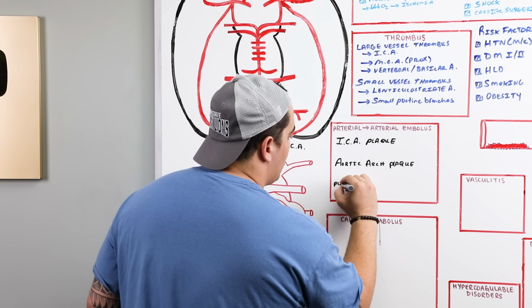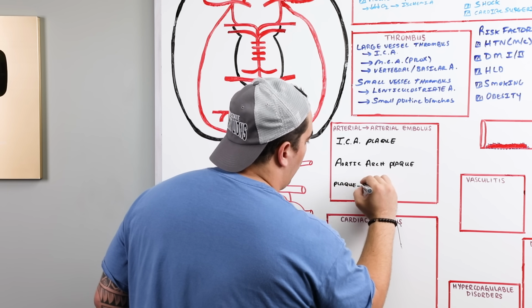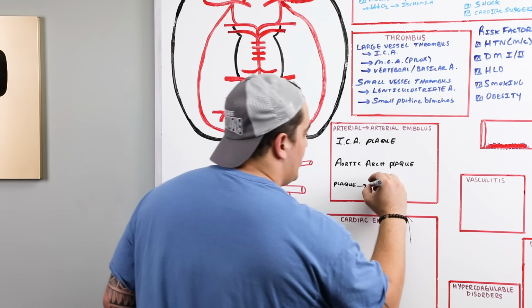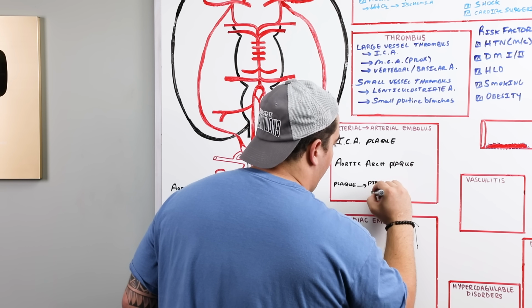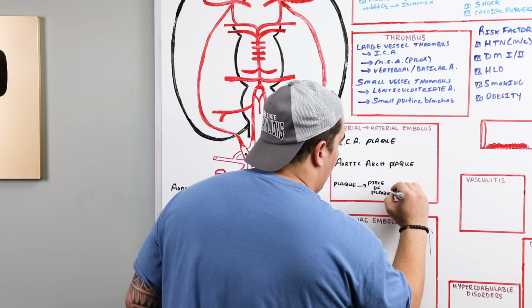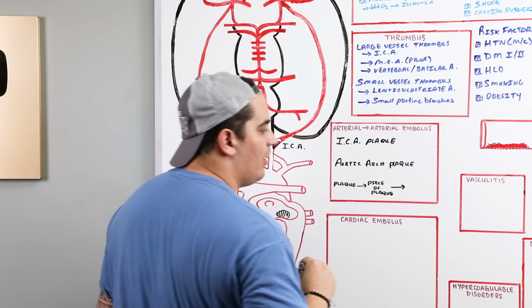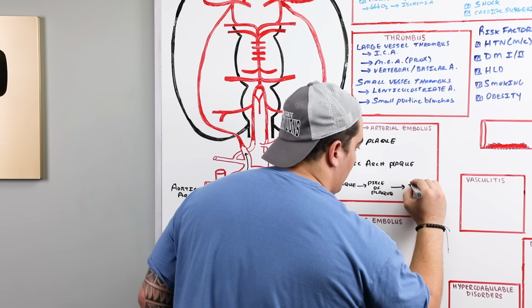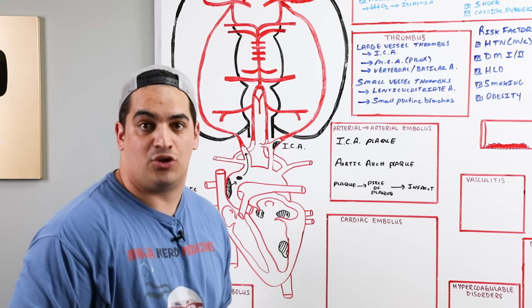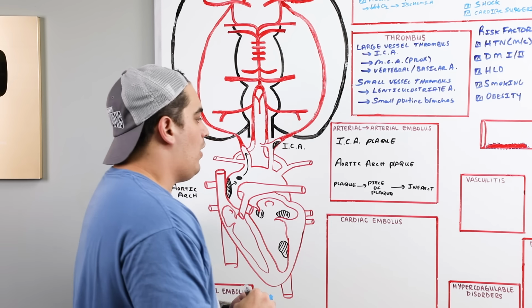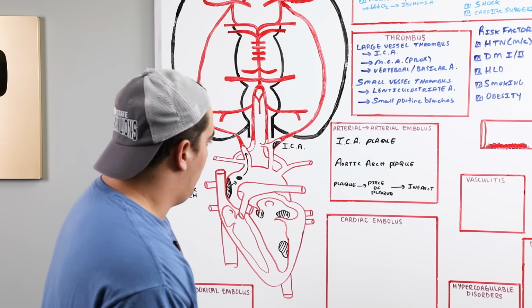The plaque that's on the vessel wall will rupture off a piece of the plaque. So then you'll get a piece of plaque that's going to be freely circulating now, and then that is going to get stuck in a vessel, and that's going to lead to, eventually, if untreated, an infarct to that cerebral tissue. All right, but boom, we killed that one.